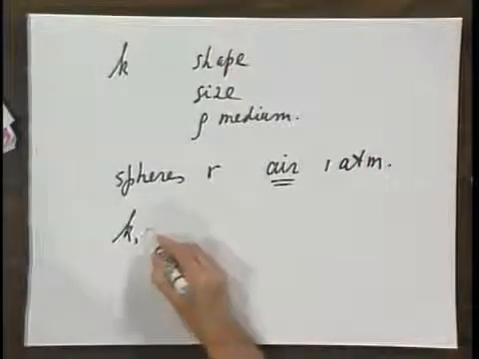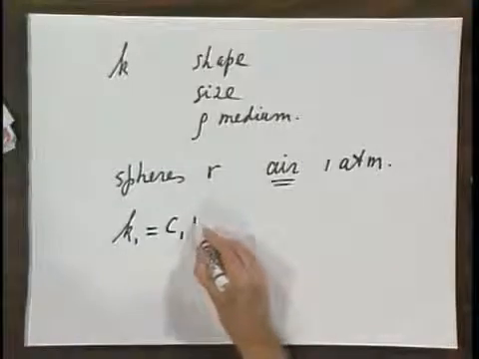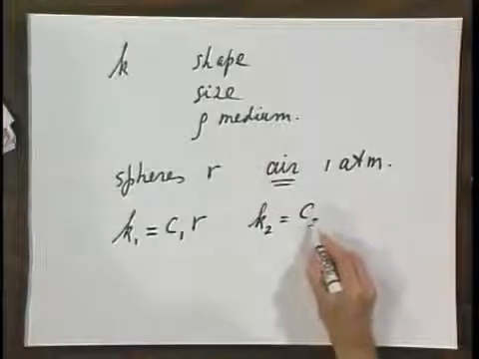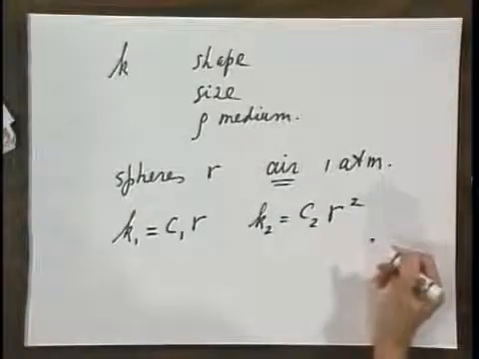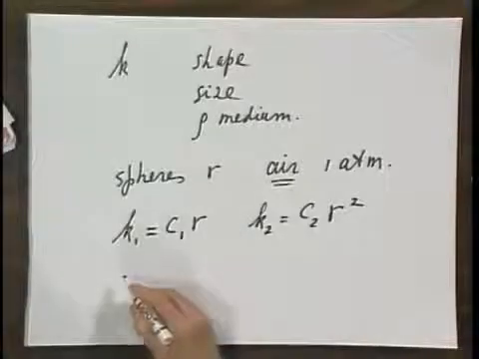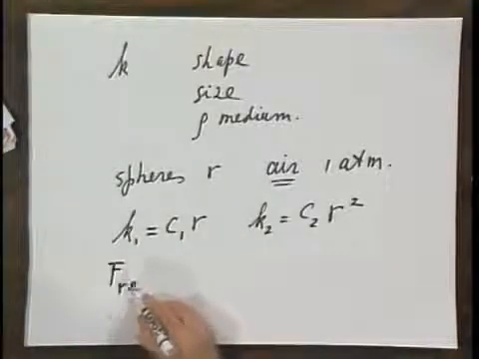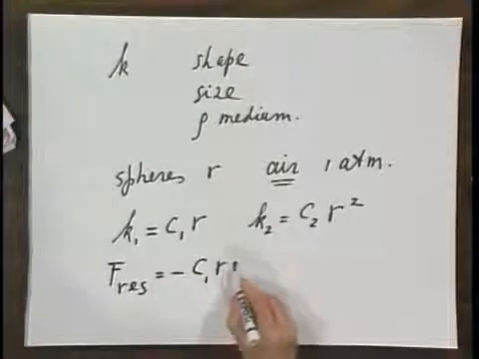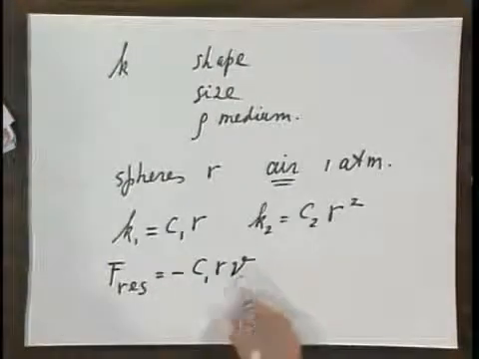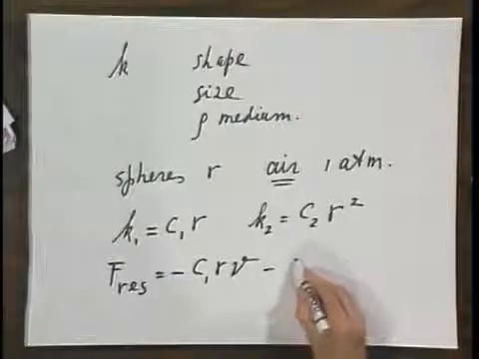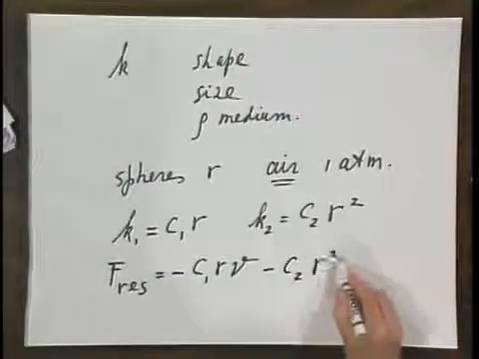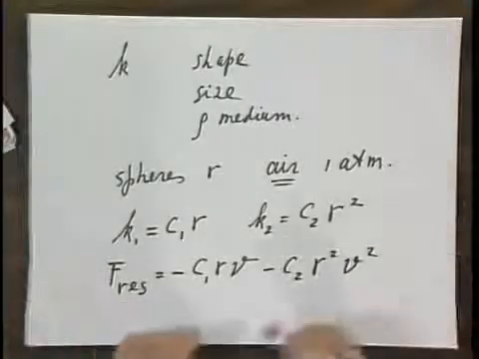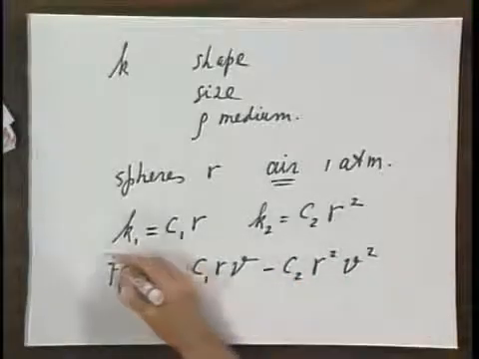K1 is then given by C1 times R, and K2 is then C2 times R squared. So my equation becomes that the resistive force equals minus C1 R V, that is the term proportional with the speed V, minus C2 R squared V squared, this is the term proportional with V squared.